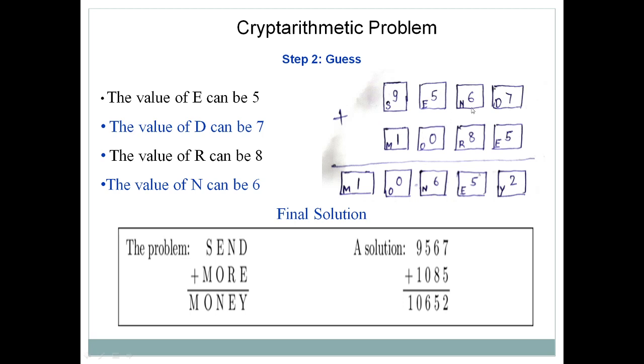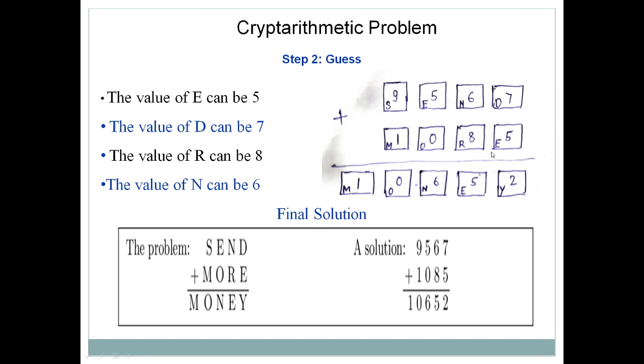Okay, now in this case one more thing is there, the addition of n plus r should be greater than 10. So for that purpose 9 we have already assigned. Now after that, what is the largest digit available with us? 8 and 7. Okay, so there is a possibility that the value of r can be either 8 or 7, but I don't know exactly, it's only a guess.